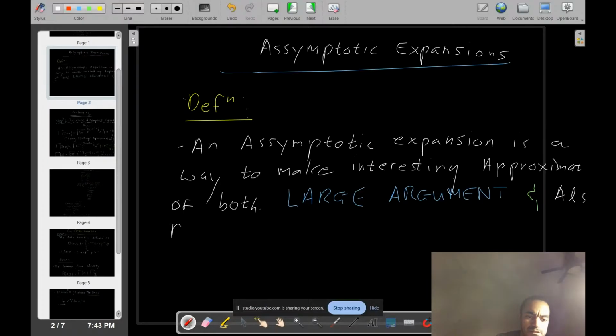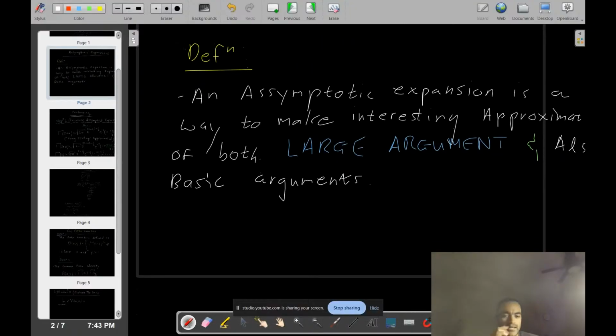And it helps us tell what's happening asymptotically to models, mathematical models, graphs, and stuff like that.